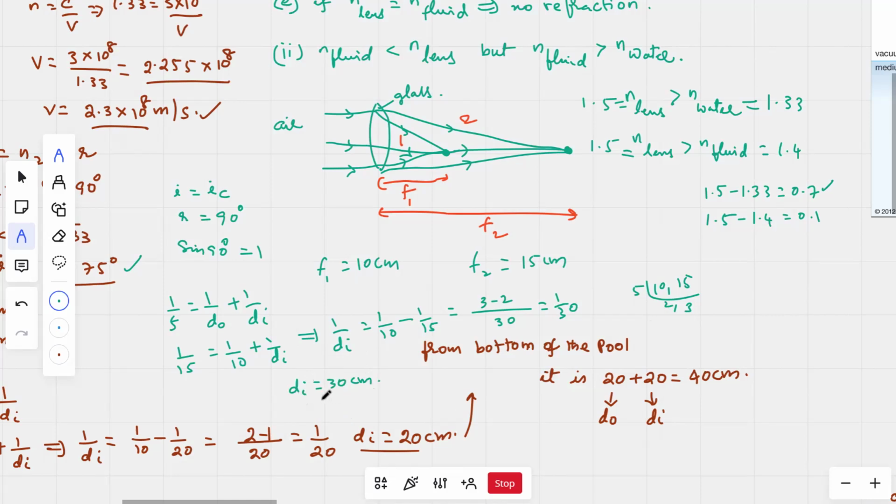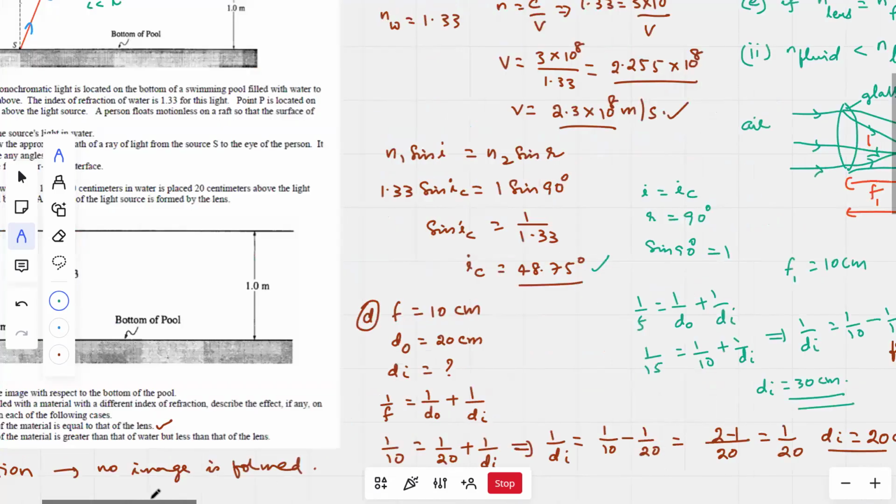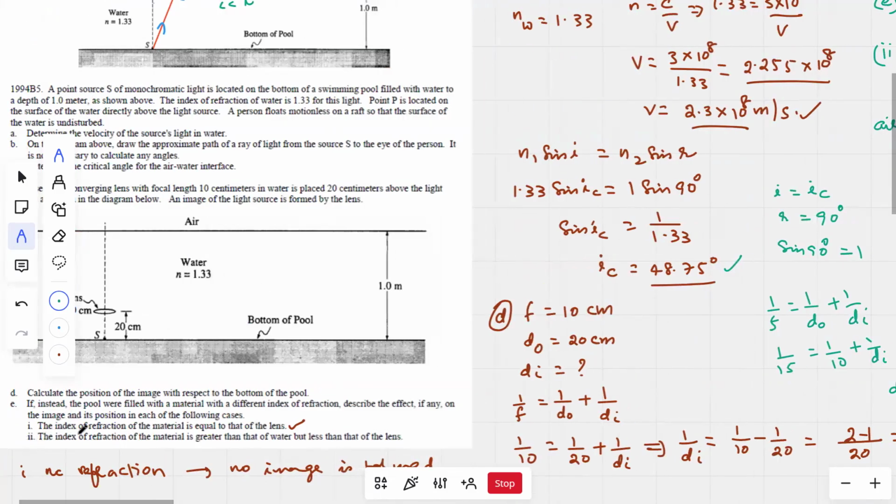That means it will be farther from the bottom of the pool. Suppose earlier it is 40 centimeters, now it will be 50 centimeters from the source. That is what he is asking. So see this one. The index of refraction of material is greater than that of water, but less than that of lens.